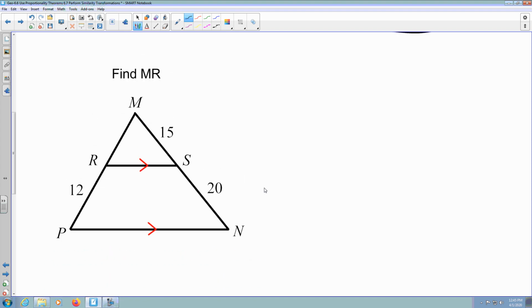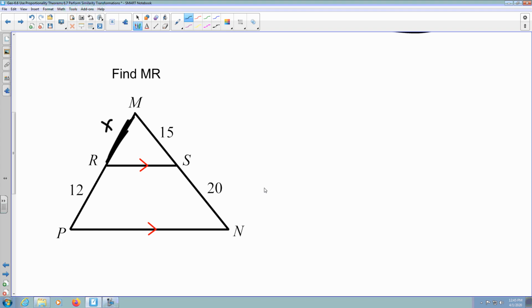So same idea, same kind of an example. They want us to find MR. So again, I'll call that X. You're using the same theorem as we did up top.